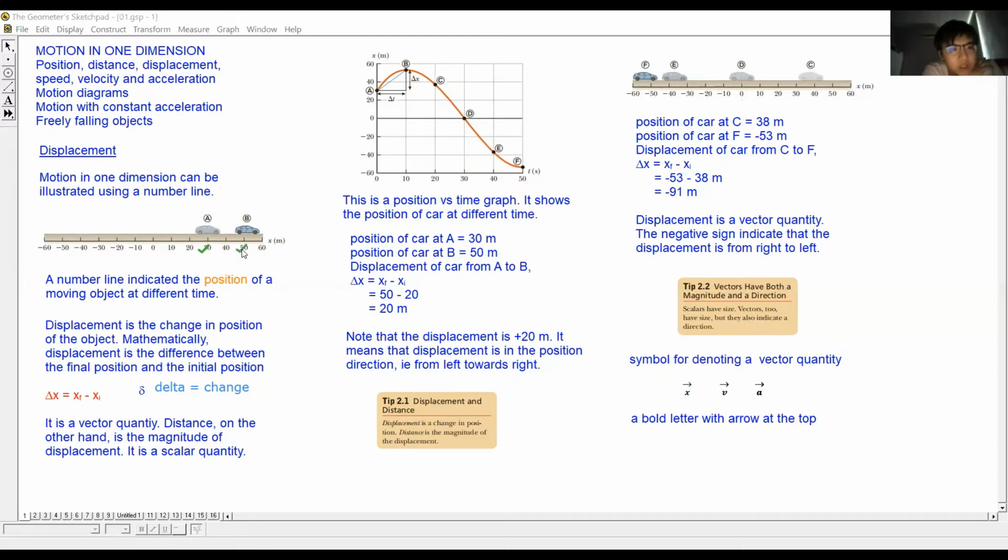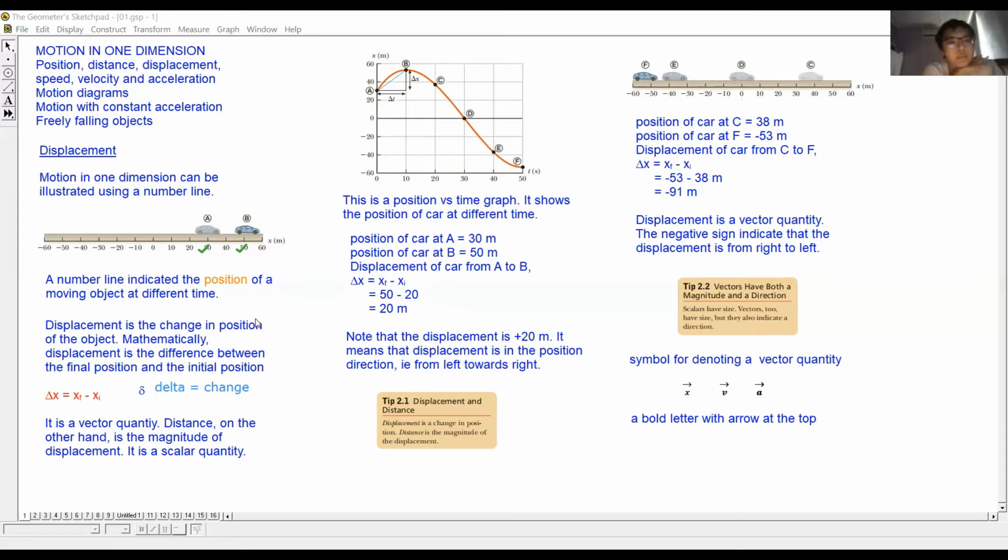It is 50. So the displacement from A to B is xf minus xi, 50 minus 30. So what is 50 minus 30? Positive 20, correct.